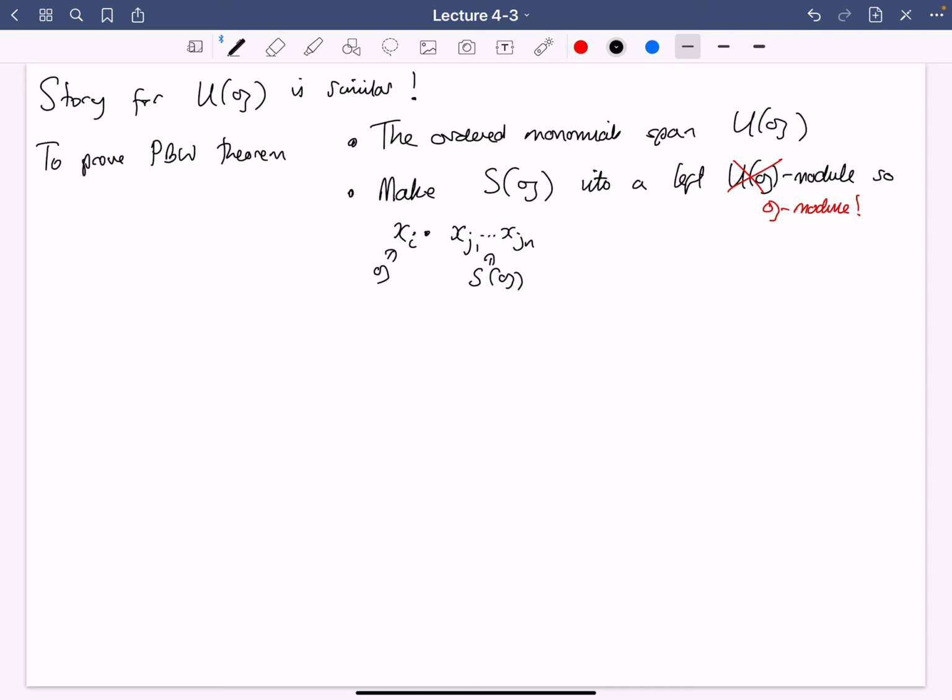So all I have to do is define actions of the Lie algebra elements on monomials. This is going to be just by left multiplication, modulo lower degree terms.